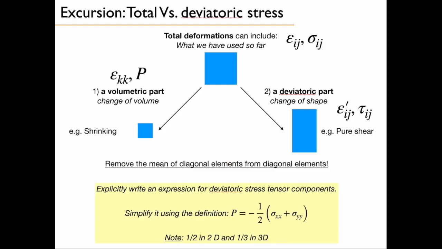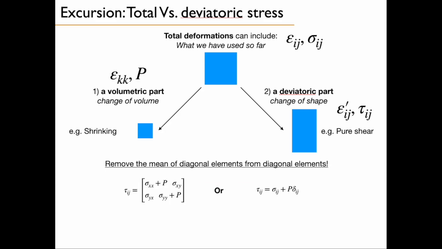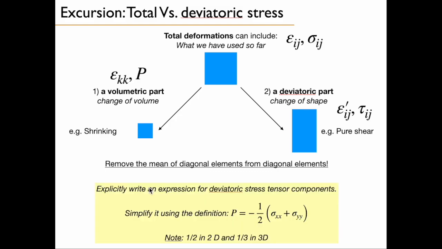So that's how to write the deviatoric stress tensor now as a function of the total stress tensor and the pressure. So the pressure is the negative of the mean of the diagonal of the total stress tensor.